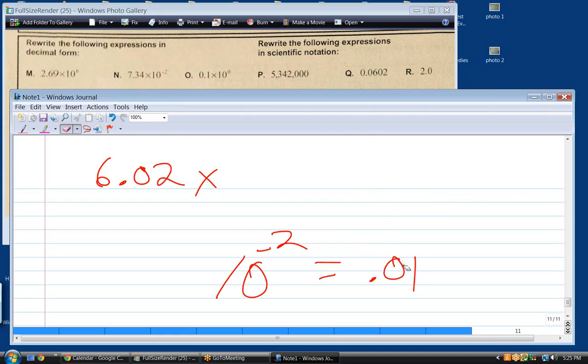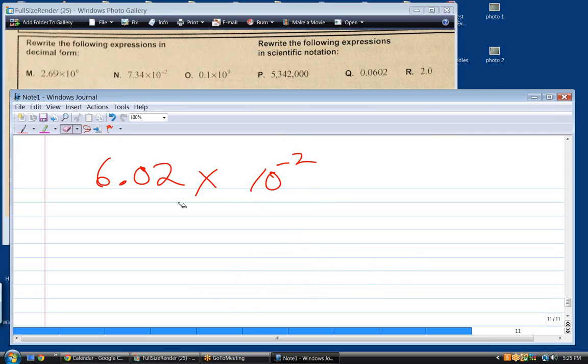So 0.01, we just said, was 10 to the minus 2. So what goes here for Q? 10 to the negative 2.